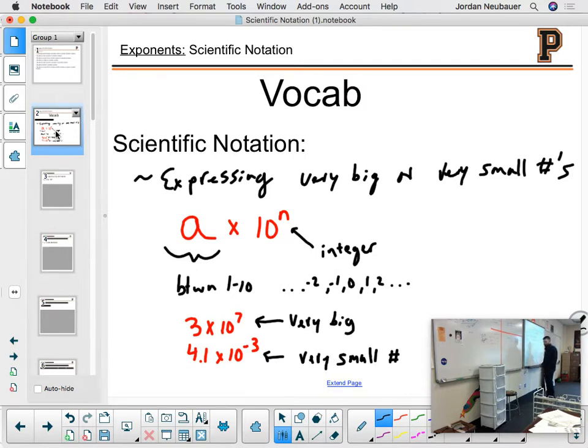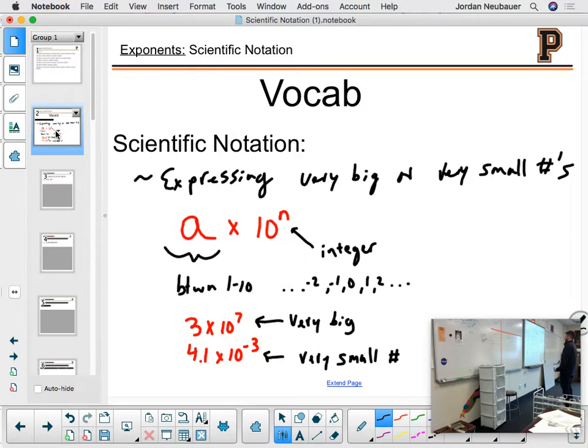Because as we've learned in this unit, negative exponents don't necessarily represent negative numbers, they just represent reciprocals of other numbers. So that 4.1 times 10 to the negative 3rd power is literally 4.1 times 1/1000th, which is making that number pretty small. 3 times 10 to the 7th power, however, is 3 times 1 with 7 zeros after it, which is, I think, like 10 million.